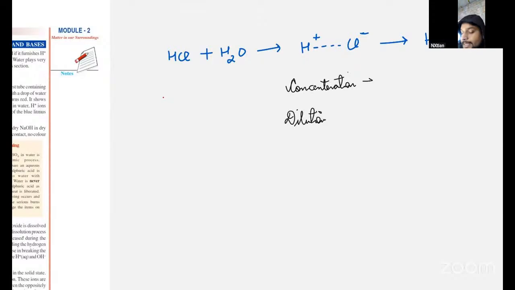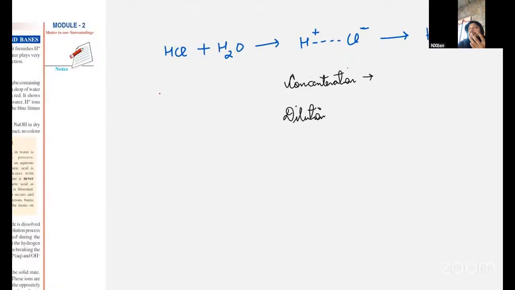Now, the word concentration means less water and more acid. Okay, we'll understand it like this. Everyone, please pay attention. If I say a glass of water is there, and I add one teaspoon of sugar and mix it, the water is a little bit sweet.